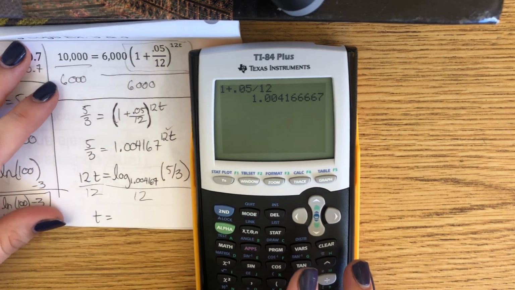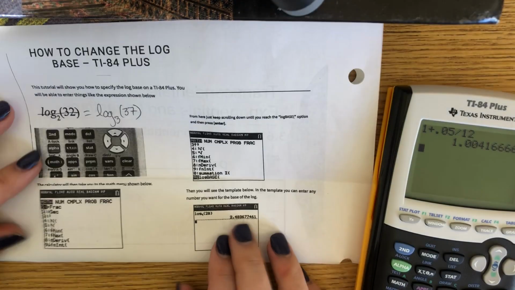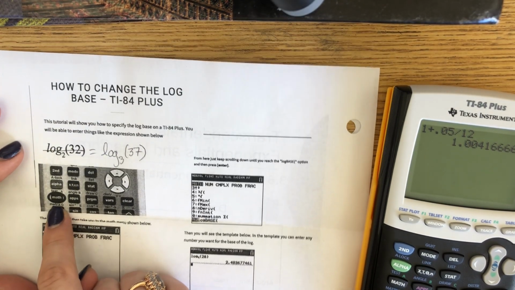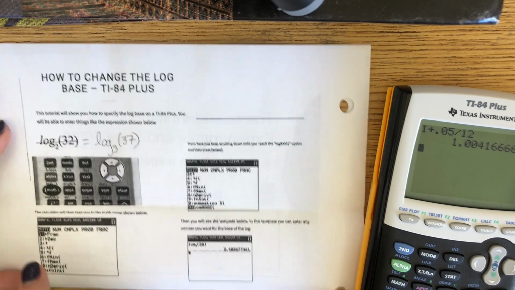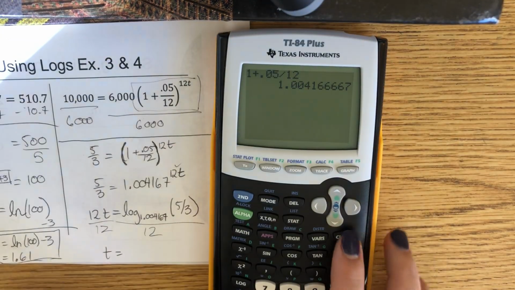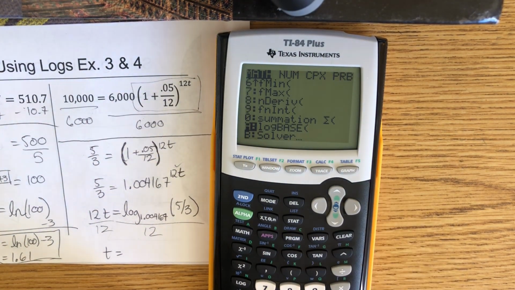All right, you ready to do this? To enter this in, here are your directions up here. I'm going to press the math button, which is third from the top left, and then I scroll down, or rather up, and you get to it almost right away.